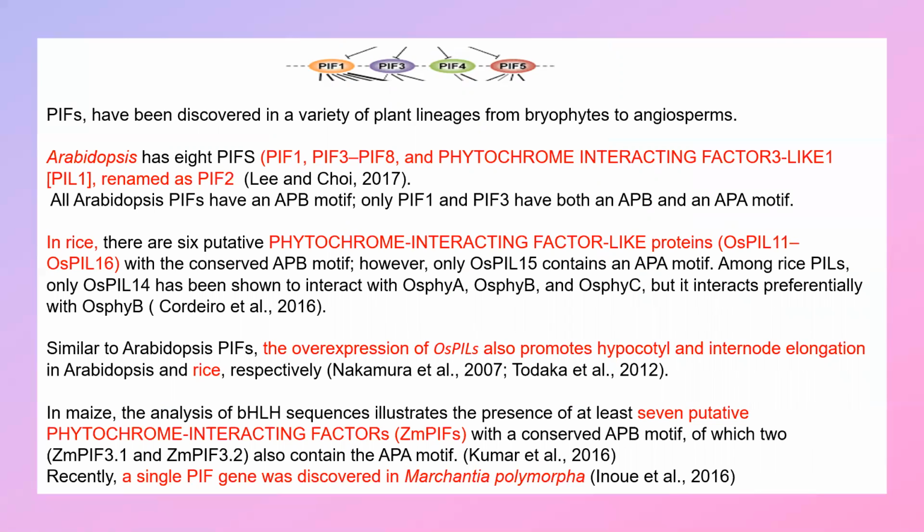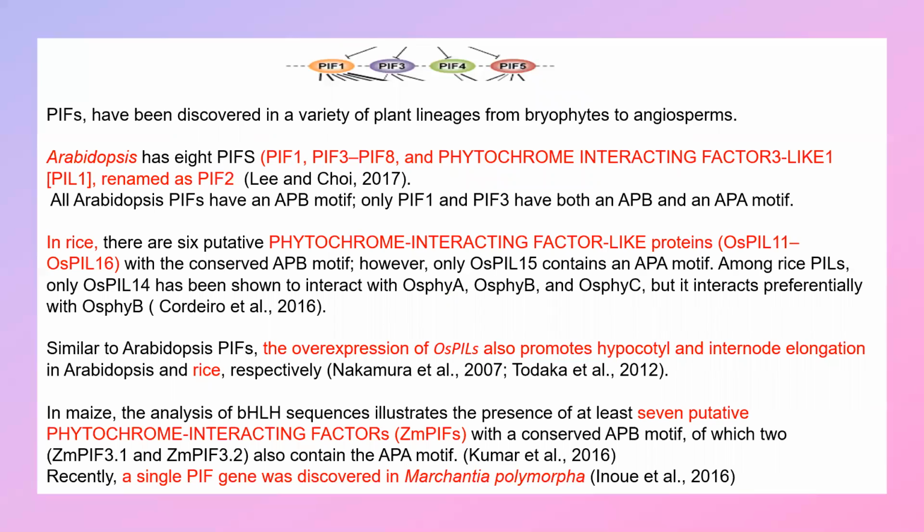Phytochrome interacting factors have been discovered in a variety of plant lineages. For example, Arabidopsis has 8 phytochrome interacting factors: phytochrome interacting factor 1, phytochrome interacting factor 3 to 8, and phytochrome interacting factor 3 like 1, PIL1, which is renamed as PIF2. PIF2 has an APB motif.